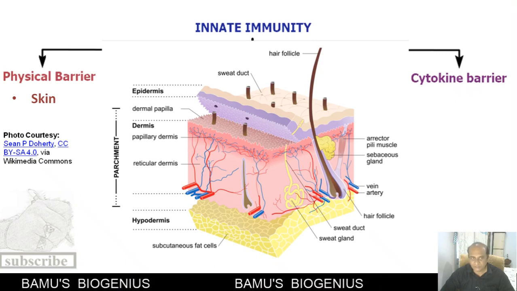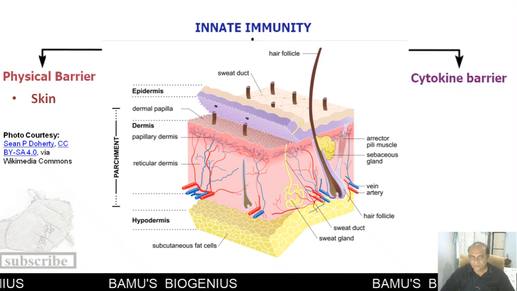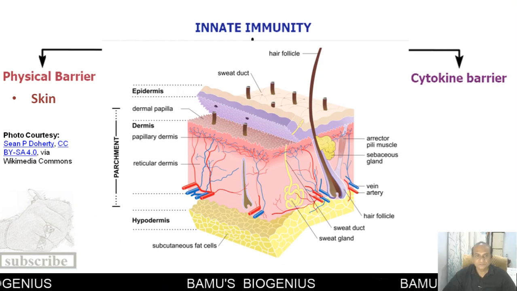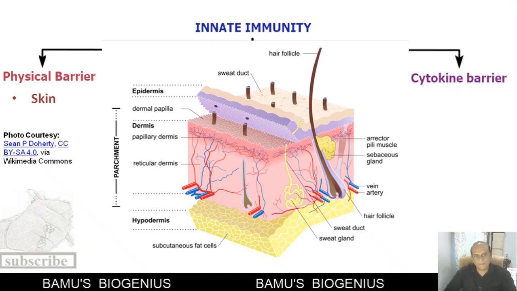So this is how the antimicrobial peptides secreted by the skin help in stimulating the innate immune system. So the skin is a formidable barrier against all these kinds of microbes.